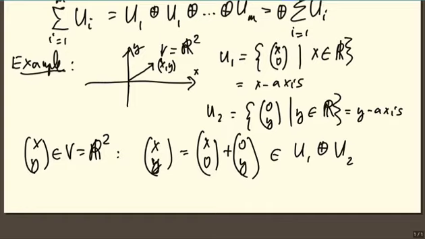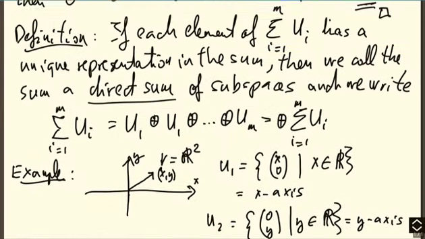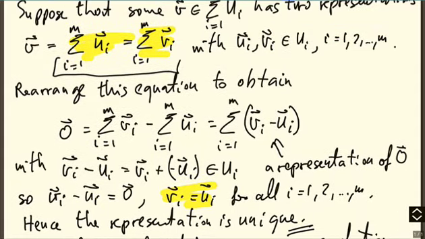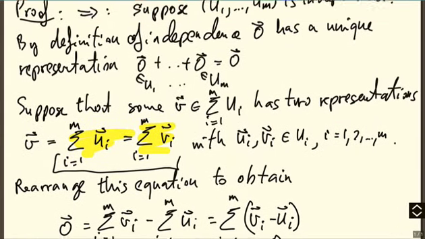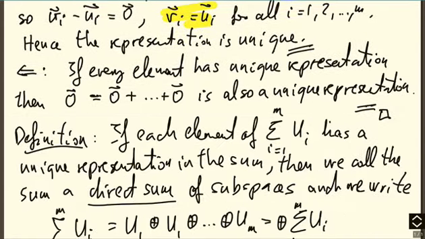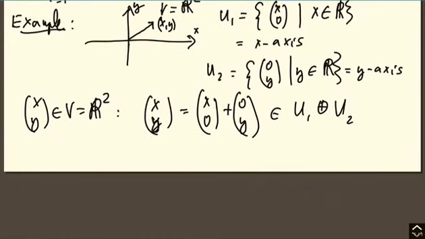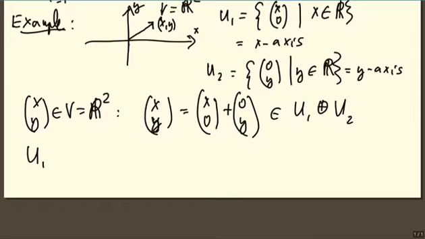If you wanted to use the theorem about the equivalency of unique representation and independence of the list of subspaces, then it's actually easier to show in this case that the U1, U2 list is independent.